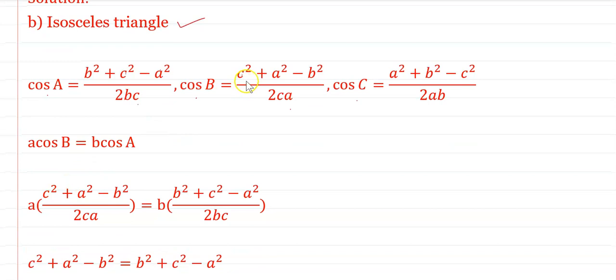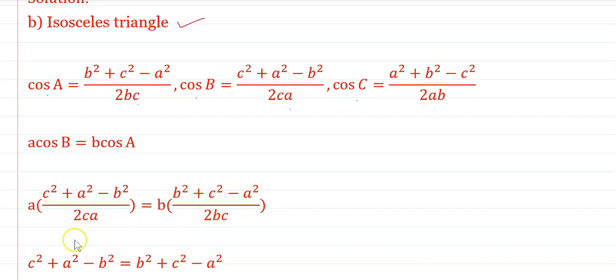What is the b? Cos of B, c square plus a square minus b square upon 2ca is equals to b, cos of A is b square plus c square minus a square upon 2bc. Here, this a will get cancelled. Then you will get c square plus a square minus b square upon 2c. And to the right hand side, this b will get cancelled. You will get b square plus c square minus a square upon 2c.